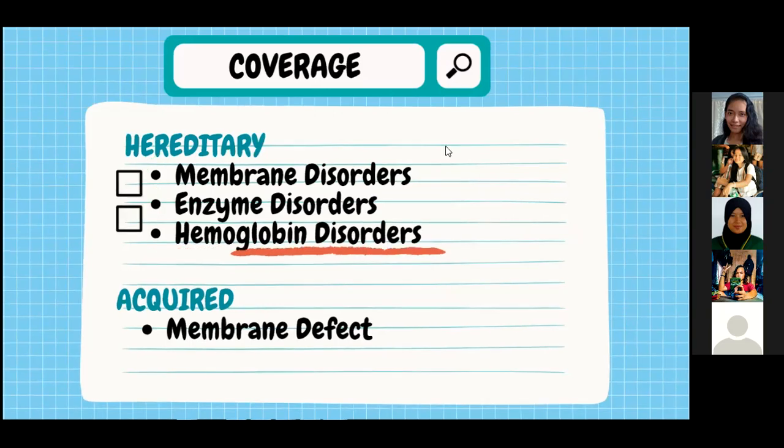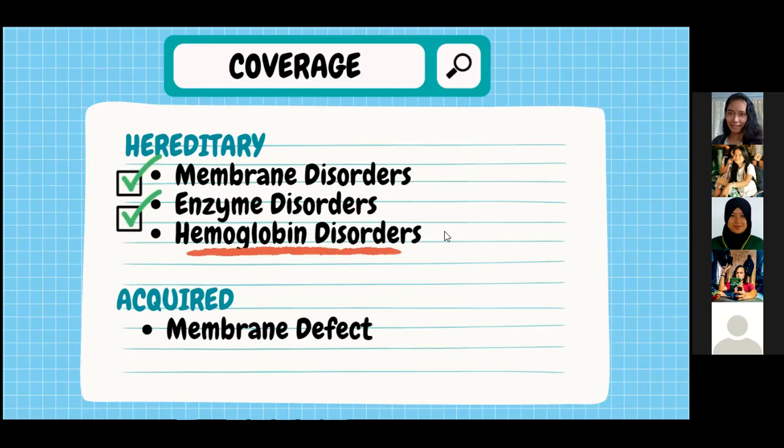So hi everyone. Again, I am going to be discussing the hemoglobin disorders, but first let us know what a hemoglobin disorder is. A hemoglobin disorder, we can also call hemoglobinopathies, which are rare blood conditions that are caused by problems with hemoglobin.